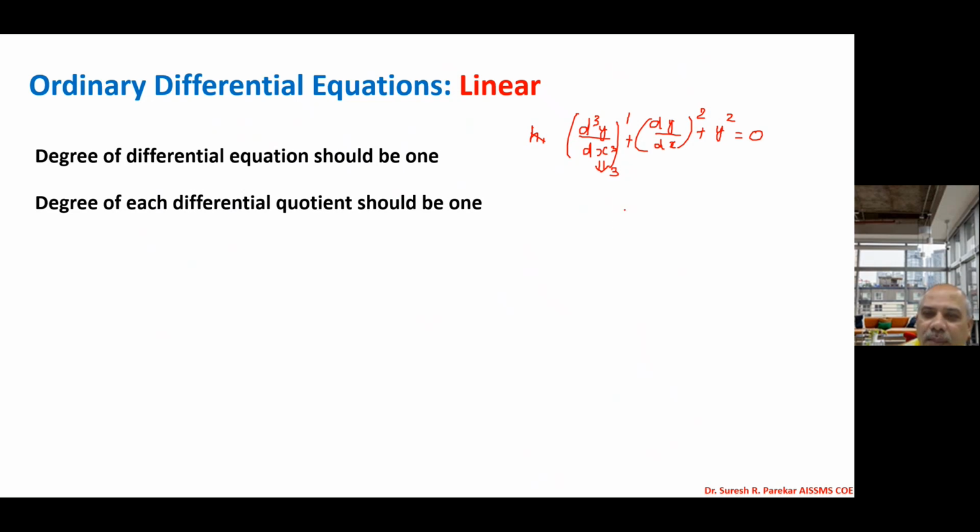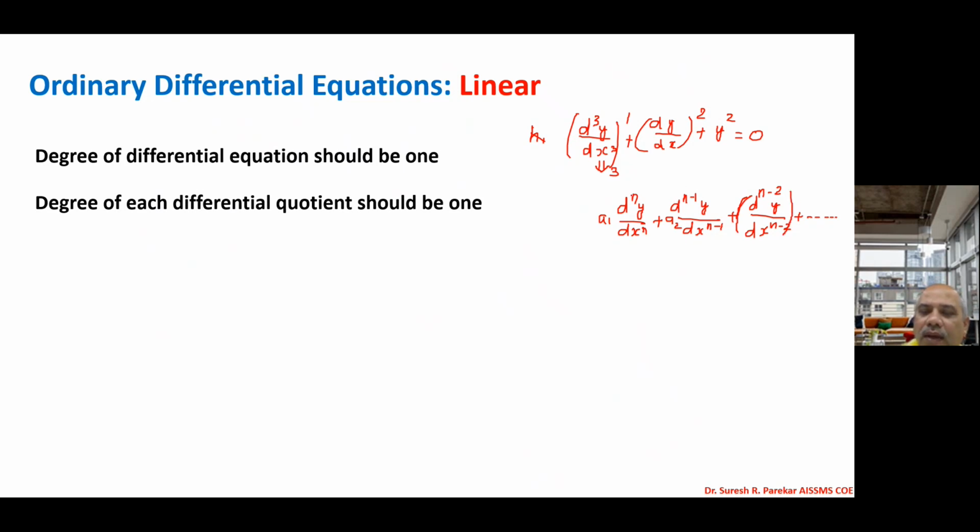Differential quotient means d to the power n y upon dx to the power n plus d to the power n minus 1 y upon dx to the power n minus 1 plus, so we may have coefficients a1, a2, likewise d to the power n minus 2 y upon dx to the power n minus 2, and so on.